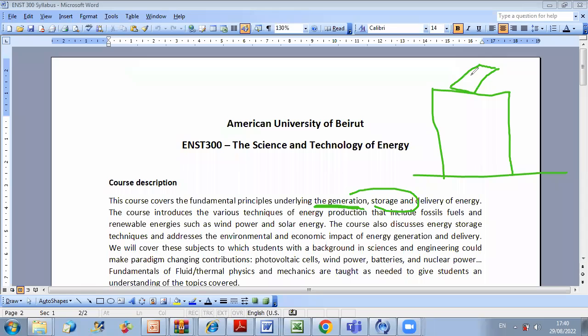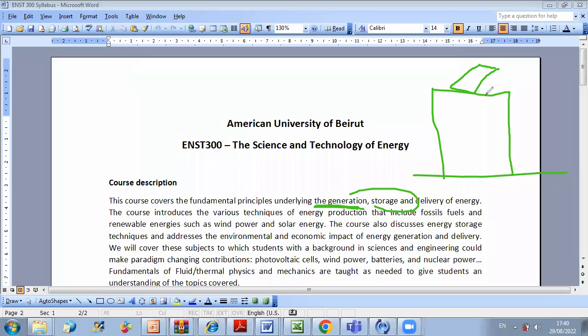We are using this a lot in Lebanon because we have problems of electricity, but in the long term these techniques will also save a lot of money, because you just put a certain investment, you have some maintenance, but we'll see how we do an economical study at the end of this course to make sure that any project we propose is also economically viable.